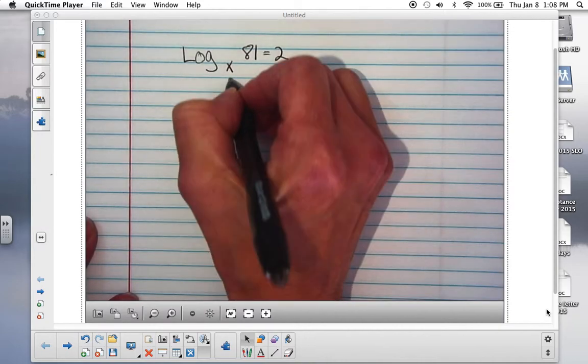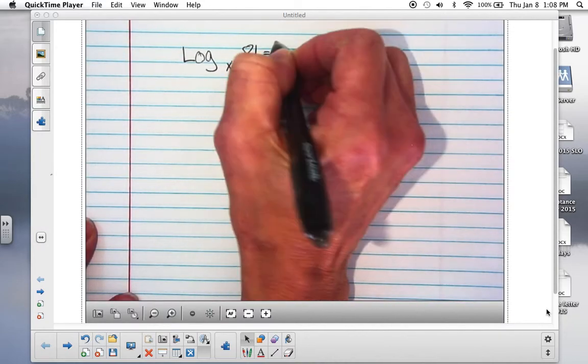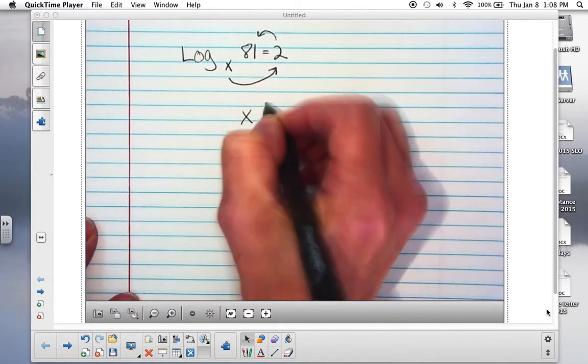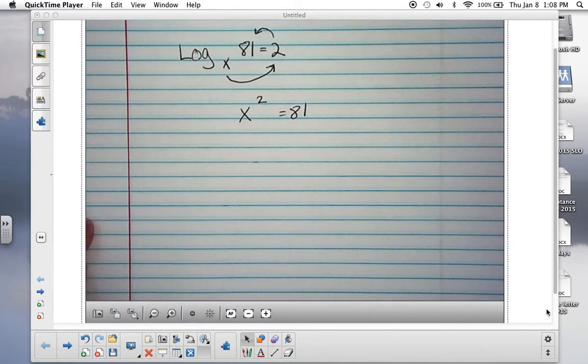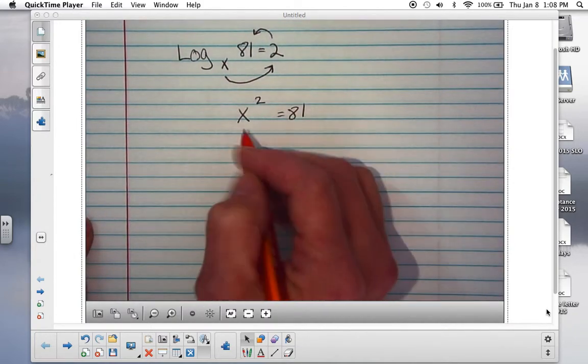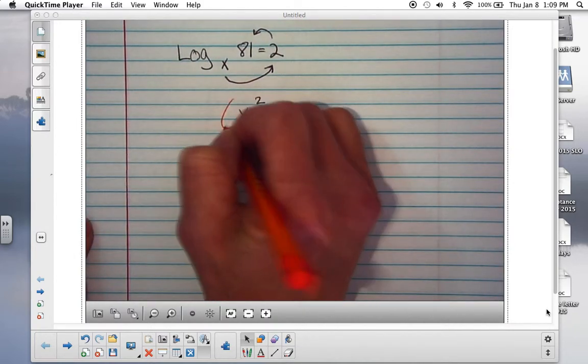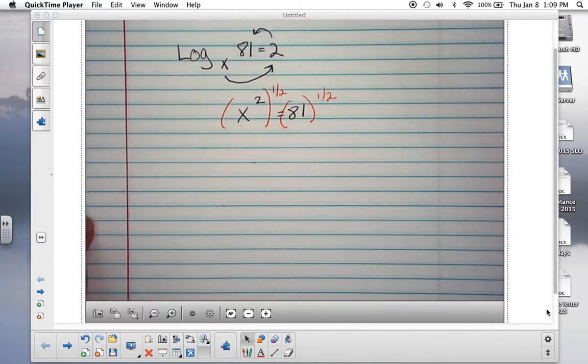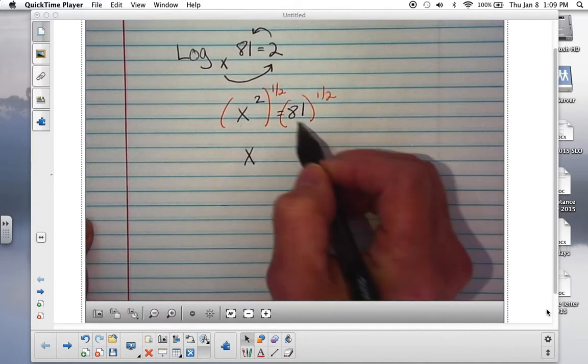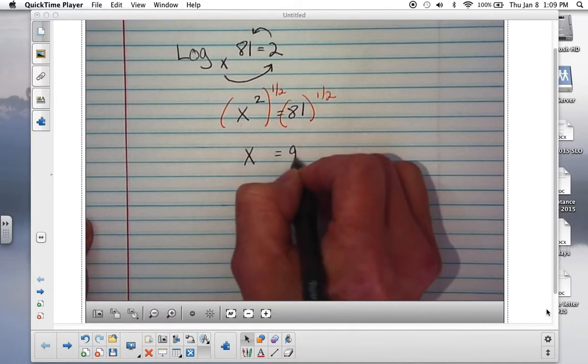Again, it would be x raised up to the 2nd power equals 81. That's my switch. Now, obviously, we kind of know the answer is 9 here, but if you didn't know the answer, you would think to yourself, oh, the x is down low. I need to raise to the reciprocal, both left and right. This gives you x by itself. You could put 81 to the 1/2 in your calc and get that.